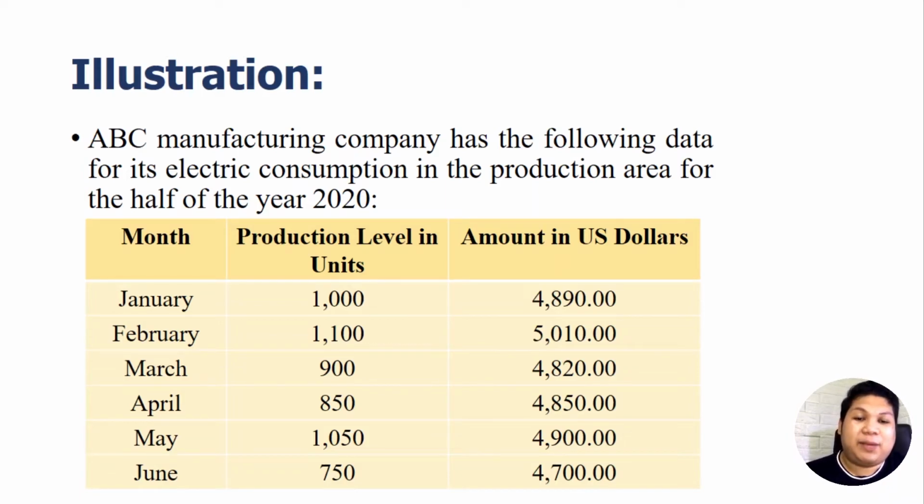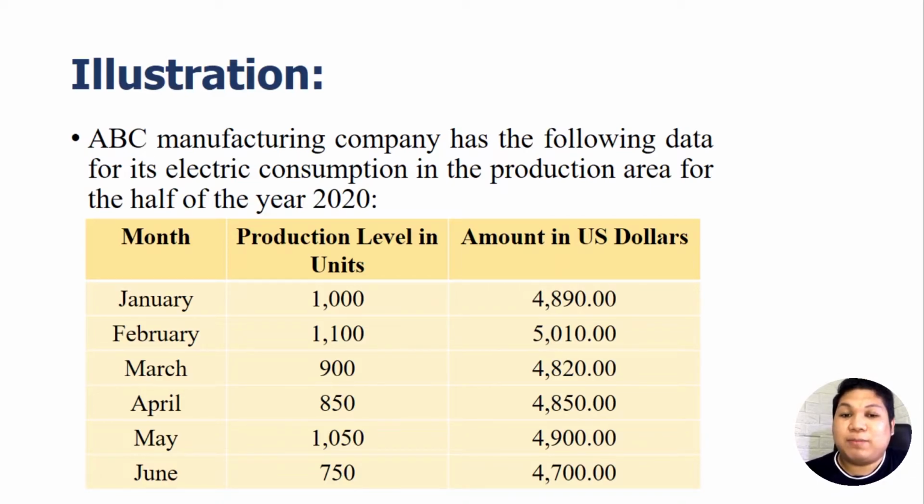If you can see, the production level is increasing and decreasing. It varies, and so does the amount of electricity consumption. So we're going to use the graphical or scatter graph method to analyze the relationship between the production level and the amount in US dollars. But before that, we first have to identify which is the x variable and which is the y variable.